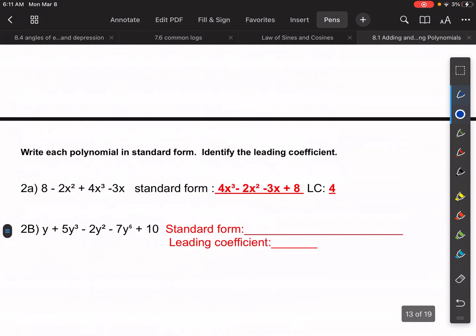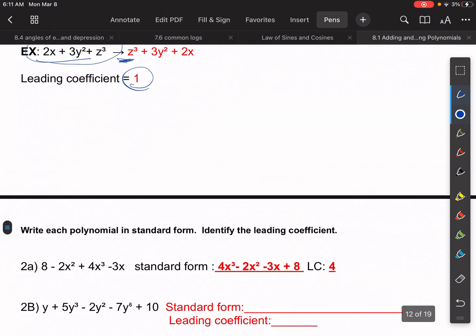Okay, so I'll do some more of these with you so that you get really comfortable with that term, leading coefficient. Let's look at this one. So for 2a, if we write this in standard form, this guy right here is the highest degree monomial. So that one comes first. Okay, and then followed by the 2, then the 1, then the 8, right?